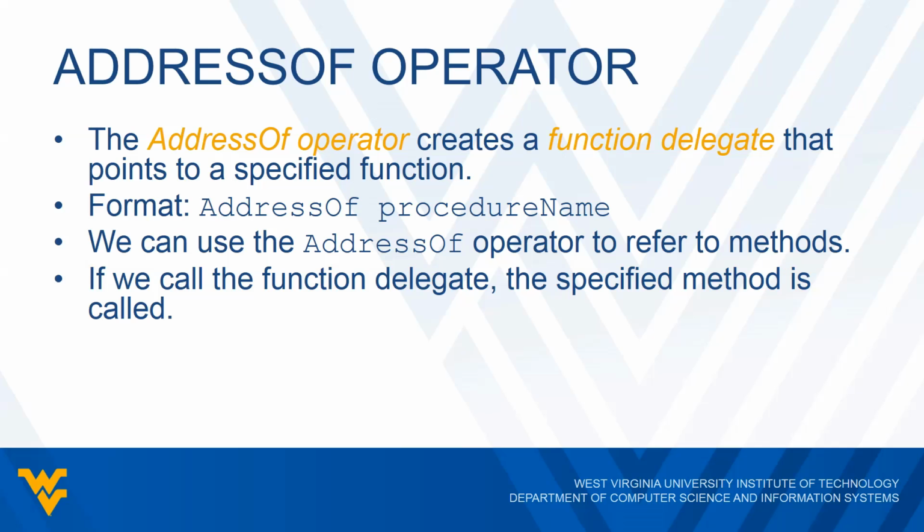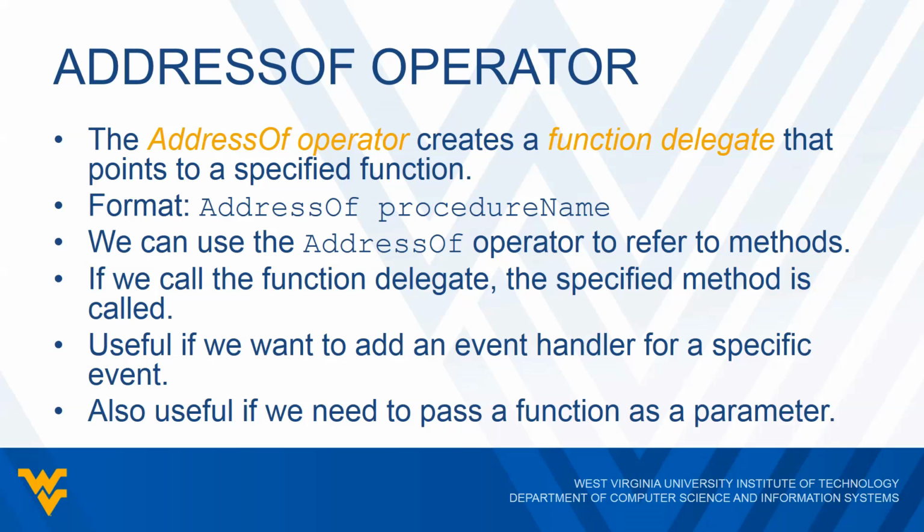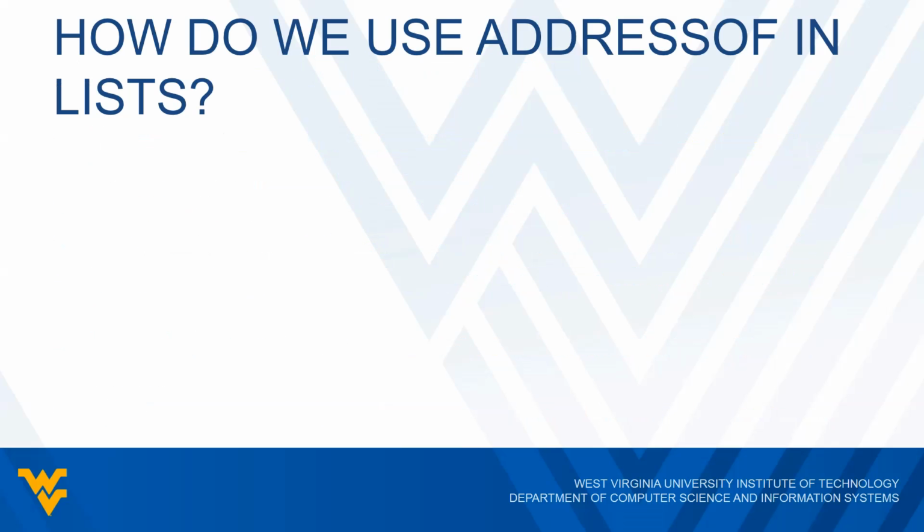There's also some other situations where this is useful. We can use this if we want to add an event handler for a specific event. So we'll see some examples, or at least one example later on of how we would do that. But the main use that we're looking at right now is that if we need to pass a function as a parameter, we can use the AddressOf operator to take care of that for us.